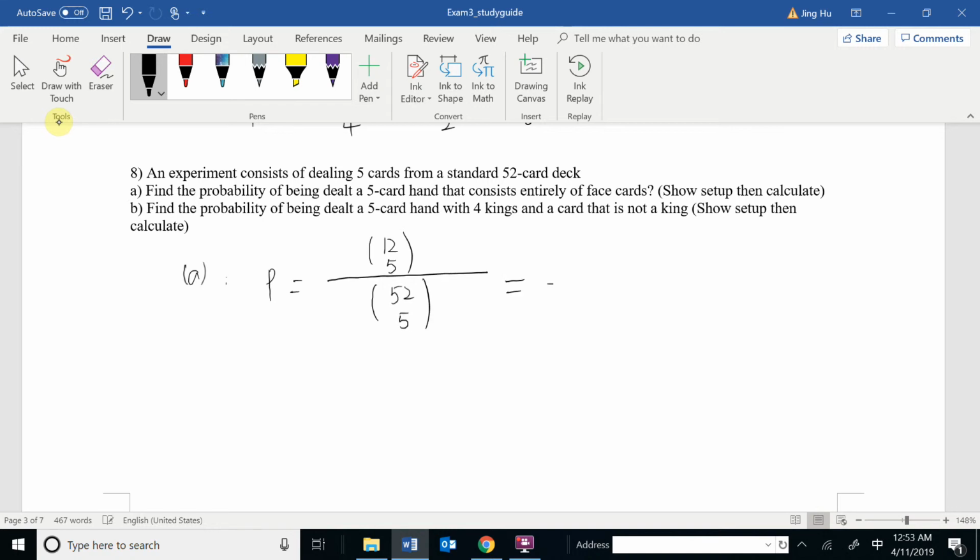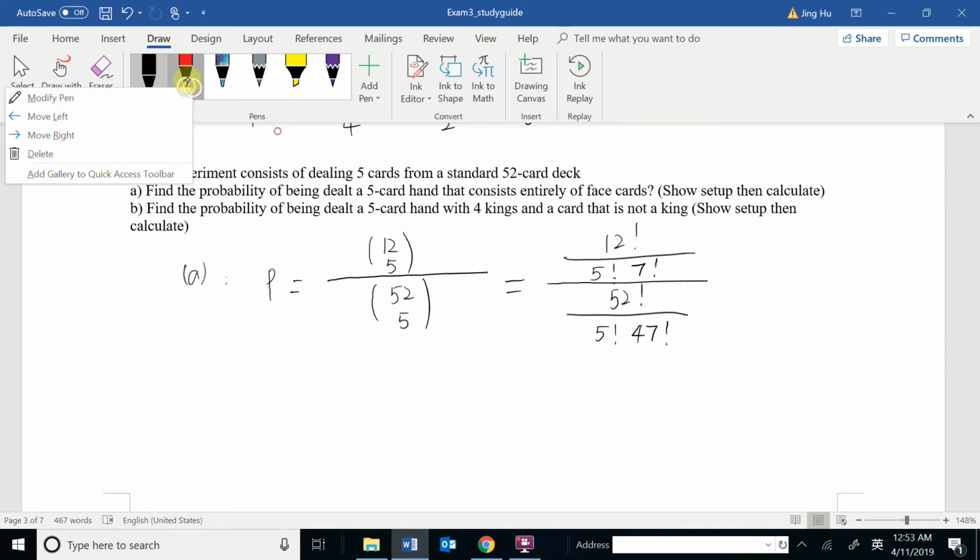So you can use a calculator or do it manually. So 12 factorial over 5 factorial times 12 minus 5, which is 7 factorial. Here is 52 factorial over 5 factorial times 47 factorial. So here, the 5 factorial cancels out.